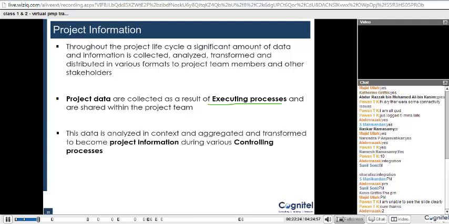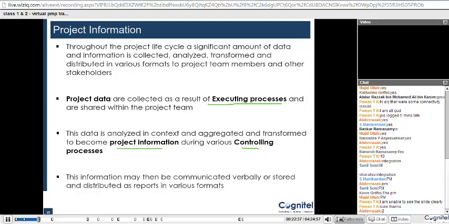This data is analyzed in context, aggregated, and transformed to become project information during various controlling processes, and this information may be communicated verbally or stored and distributed as various reports. So understand the difference that we are trying to tell over here: there is a difference between data and information.